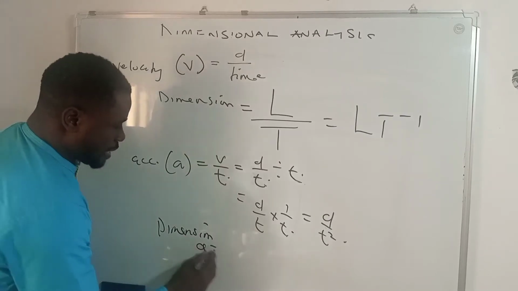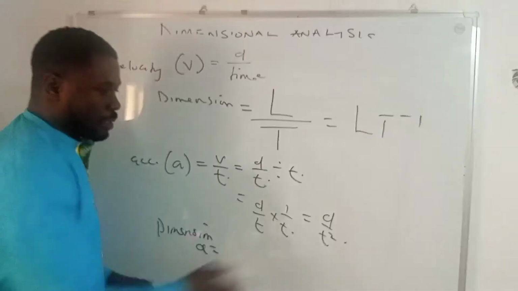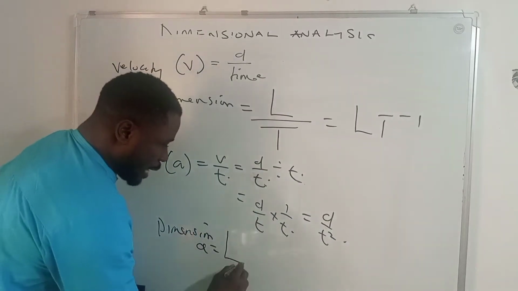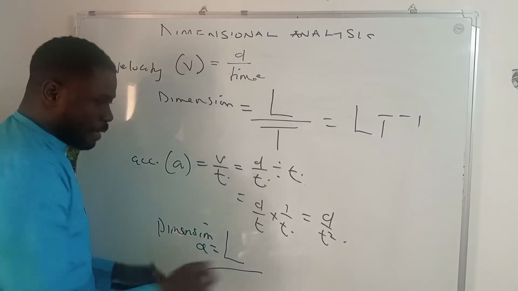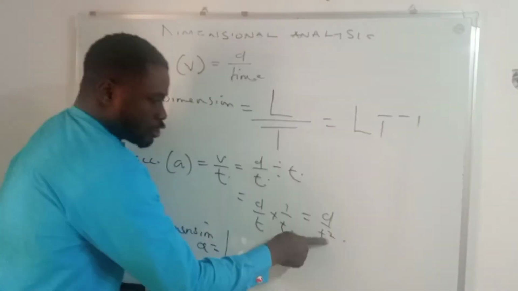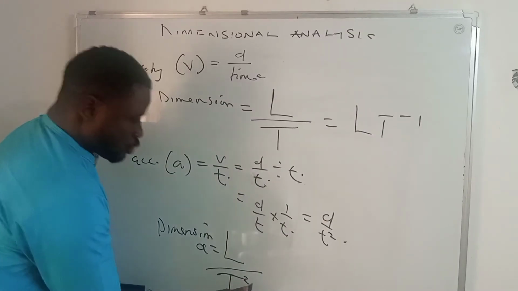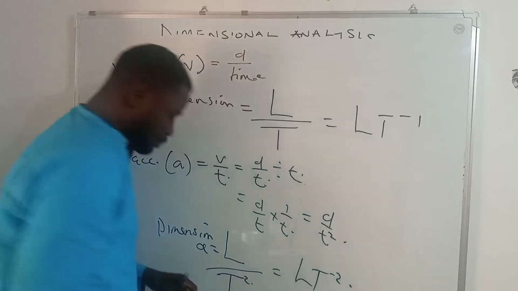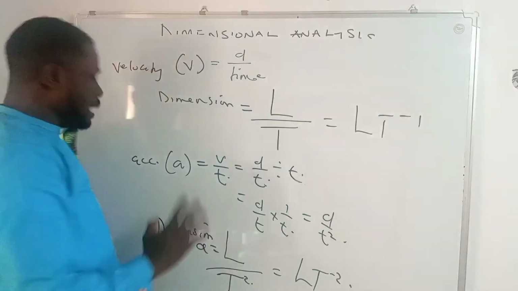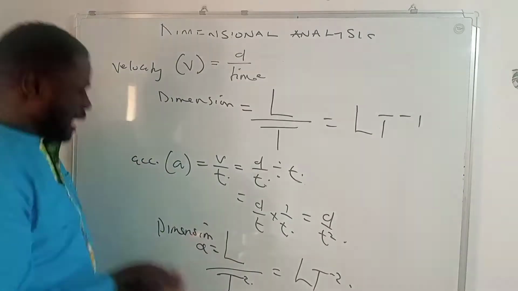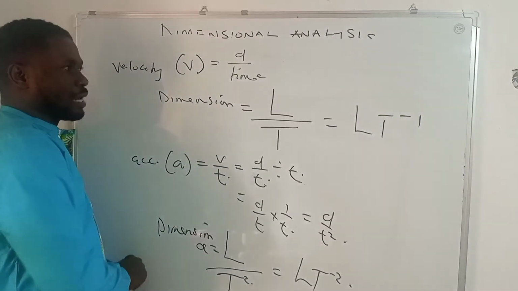The dimension of acceleration, therefore, following this formula, is the dimension of d, that is capital L, all over the dimension of t, that is capital T. And because the t is raised to power 2, the dimension must also be raised to power 2. Hence, the dimension will become LT minus 2. So you can see we have derived the dimension of acceleration. Very, very important. Let's take another example.